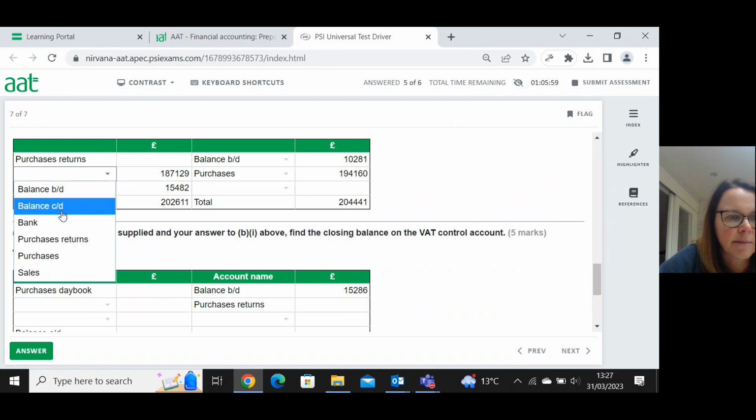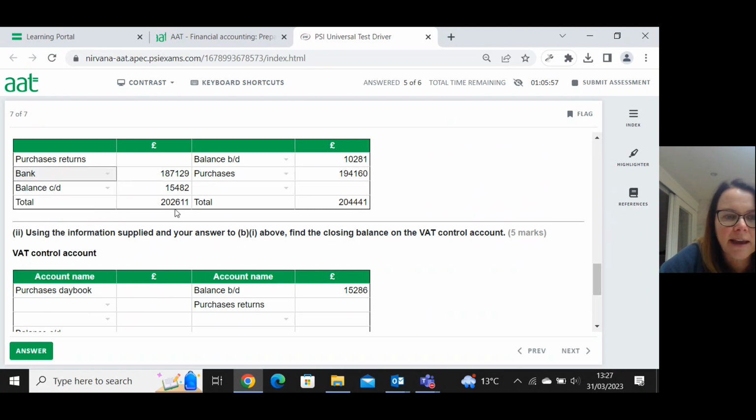So that's the bank. And then it's conveniently working out those totals for me again, so I can just work out the difference. So 204441 take away 202,611 gives me a missing number of 1830.